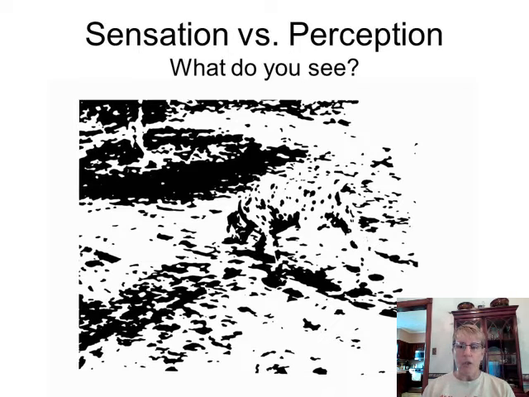Now that portion is known as sensation. So where energy is detected and converted to neural messages, because that's the form of communication in our nervous system, that's referred to as sensation. Now, those messages are relayed onto the brain. The brain then takes those messages, selects, organizes, and interprets them, and that is perception.